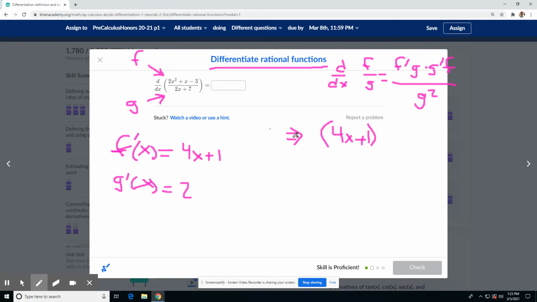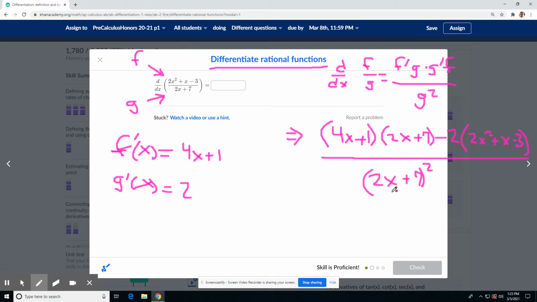Times g, the bottom, is 2x plus 7 minus derivative of the bottom is 2 times the top is 2x squared plus x minus 3 all over the bottom squared, which is 2x plus 7, and all of that would be squared. Okay, yikes. Oh, it's been a while.